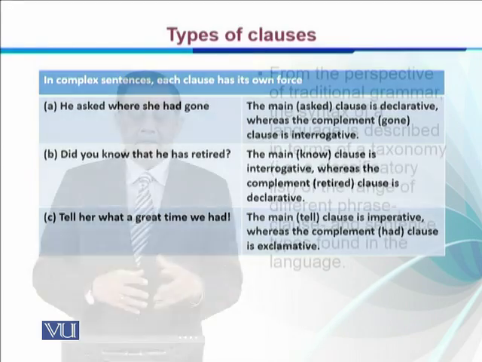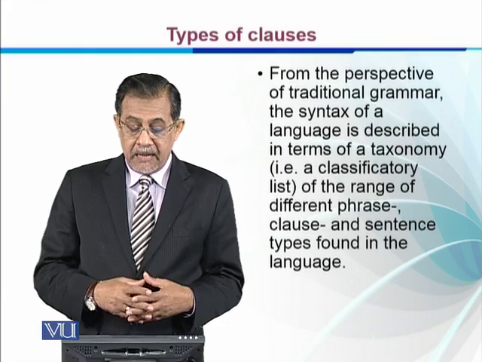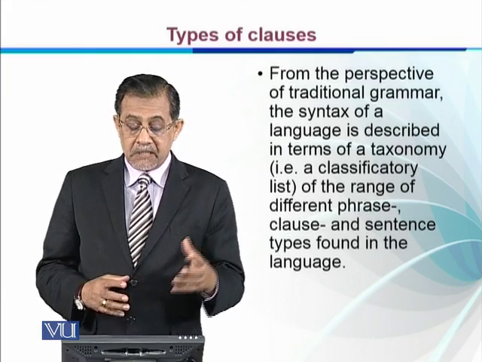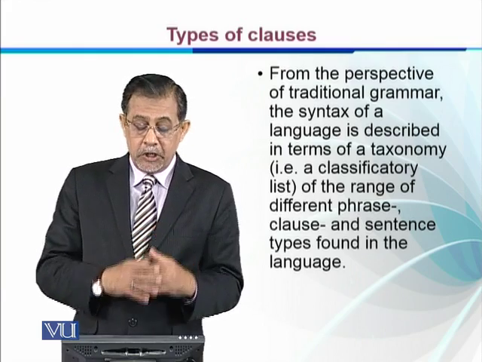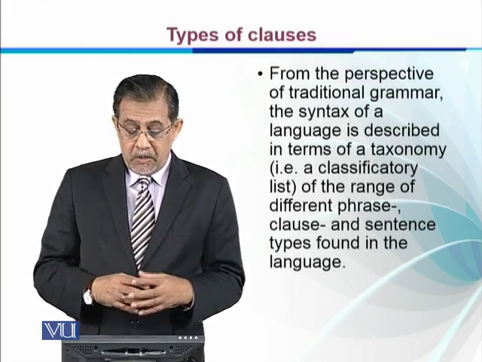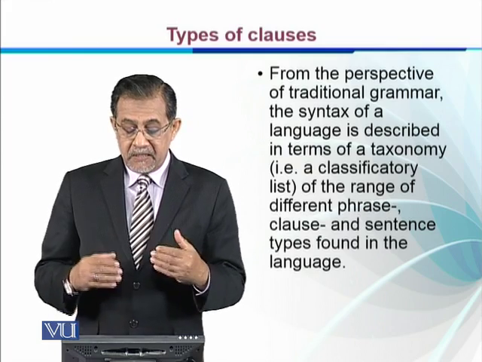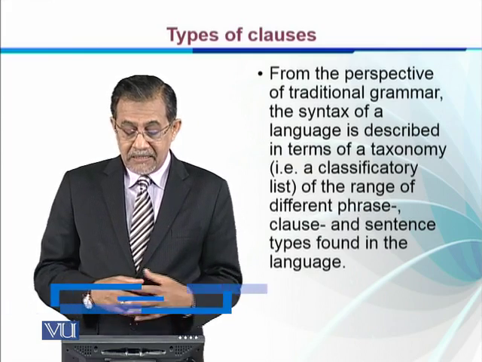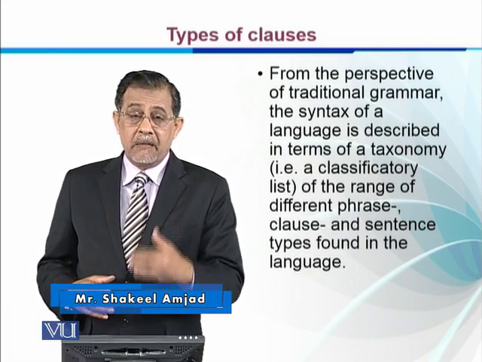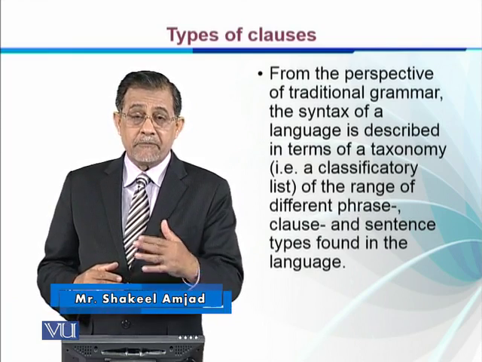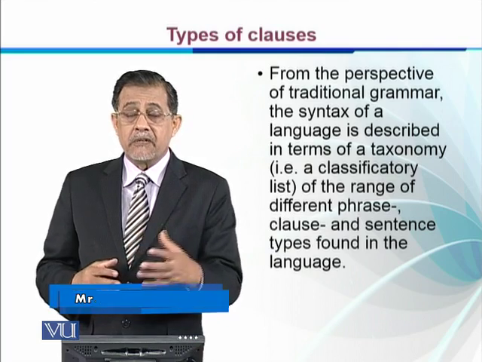From the perspective of traditional grammar, the syntax of a language is described in terms of a taxonomy, a classification list of the range of different phrases, clauses, and sentence types found in the language. As we have seen, there are certain types of phrase, then there are certain functors.